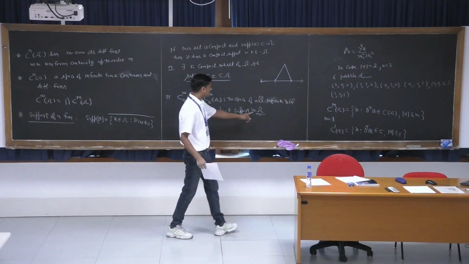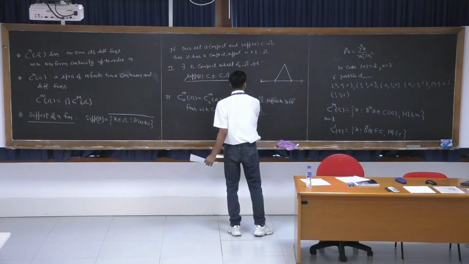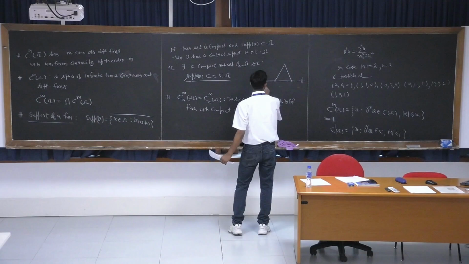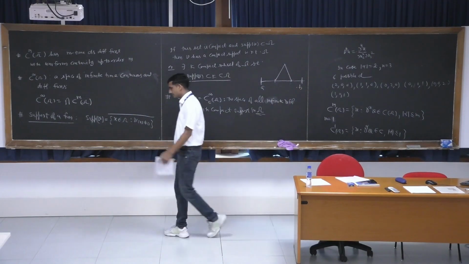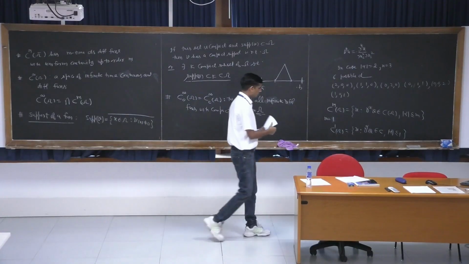So I am saying this is our domain A to B, and this function has compact support over the domain A to B.